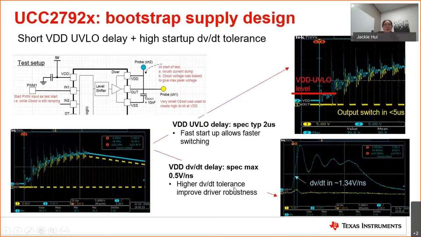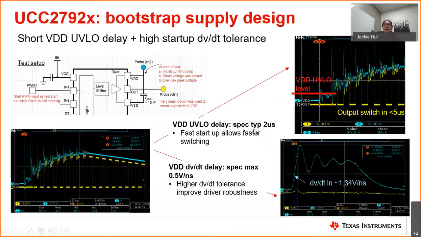A high dV/dt tolerance means you have more flexibility and an easier design when choosing your boot cap, more tolerance of inrush current, and a more robust bootstrap circuit design. Another one I want to highlight is the VDD UVLO delay.